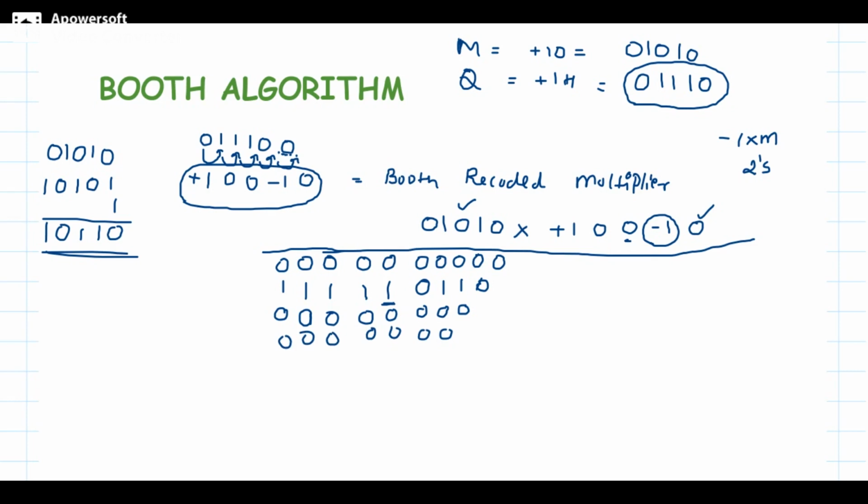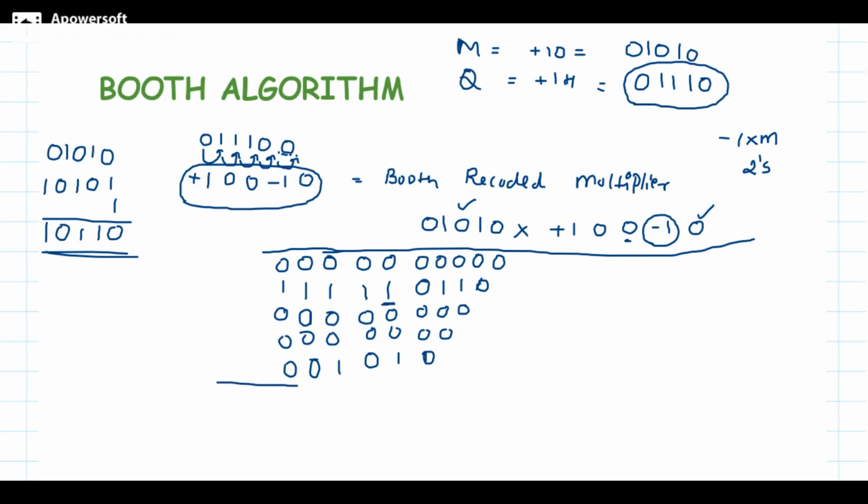And the last one is 1 into this m, that is 1 into 0 1 0 1 0 and sign extension is 0. So we got the partial products.